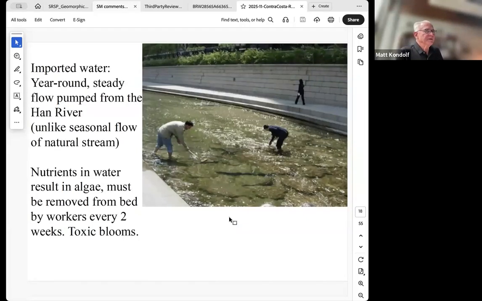So they have a crew, well, actually more than one crew, that are full-time scraping the algae off the rocks during the season in which algae are growing, the warmer months. That's kind of unusual for a stream restoration project. You wouldn't really consider that. And even with this algae removal, they still have a lot of toxic blooms that occur.